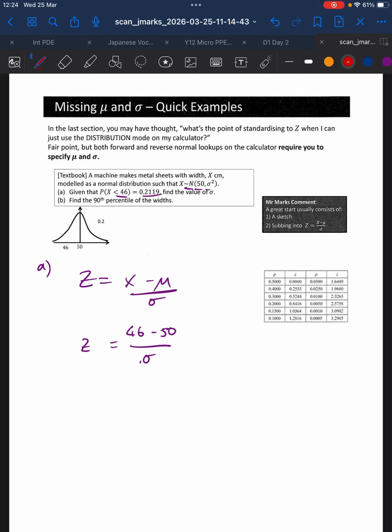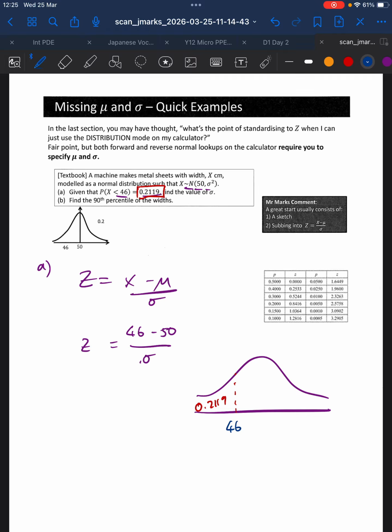The piece of data that we haven't used yet is this. So the clever idea is that this 0.2119, so it says being less than 46, this 0.2119, well, there is a Z value that corresponds. This is an X value, right?